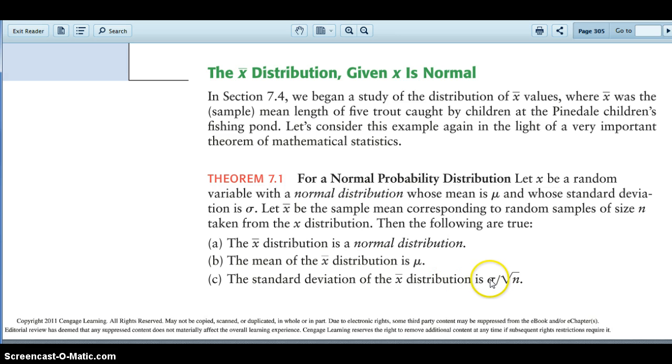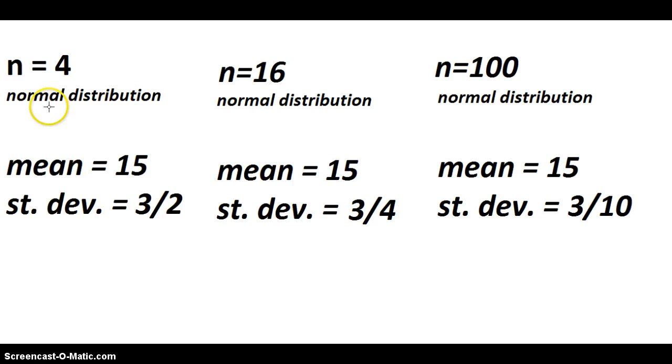It's going to be 3 divided by the square root of n, where n changes from 4 to 16 to 100. To write that all up, the distributions of mean values for the different sample sizes have a lot in common. They'll all 3 be normal distributions, because x was a normal distribution. They'll all 3 have the same mean of 15 because x had the mean of 15. And then their standard deviations will vary. The larger the sample size, the smaller the standard deviation gets.